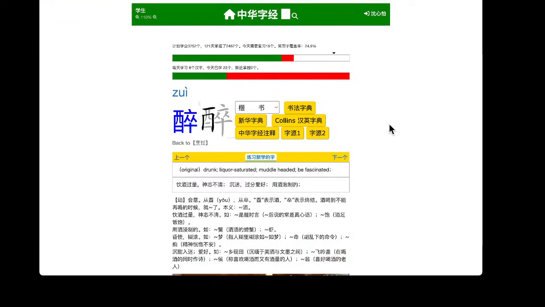Now next one, 醉 means drunk. That's the original meaning. The second meaning also refers to a way of preparing food, which is fully soaked in wine for a long time. Like 醉鸡, drunken chicken, that's how they prepare it. They soak the chicken in the wine for a long time, and then they cook it.